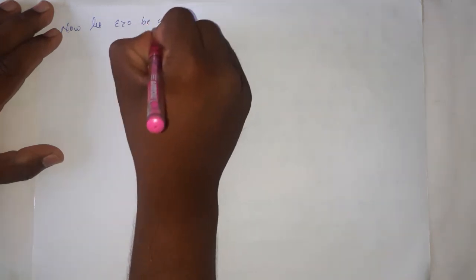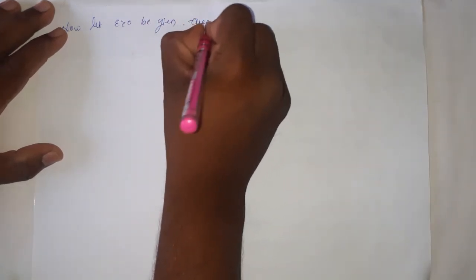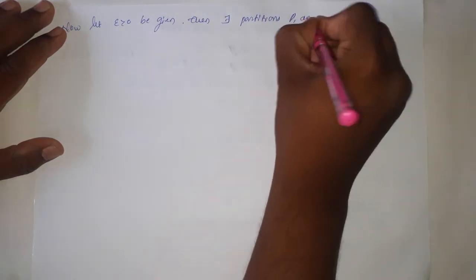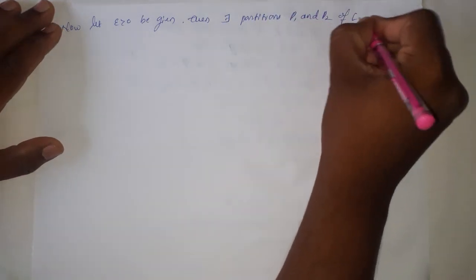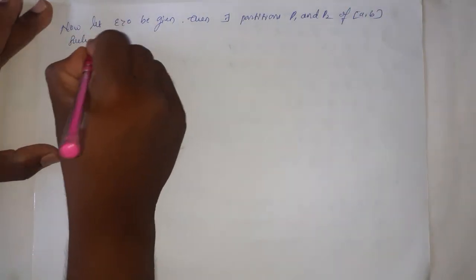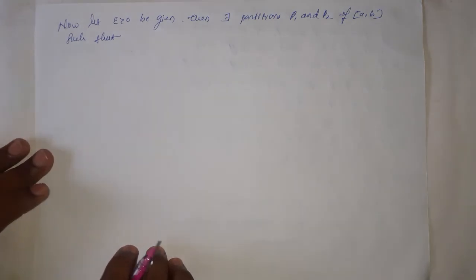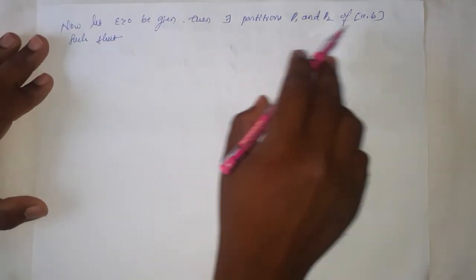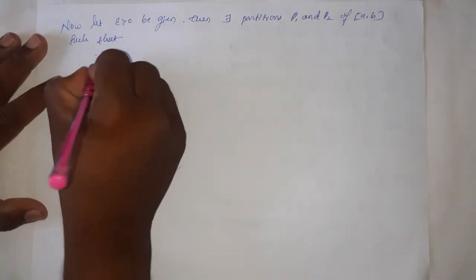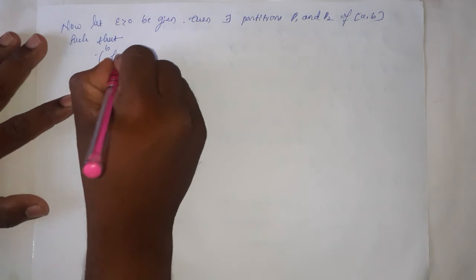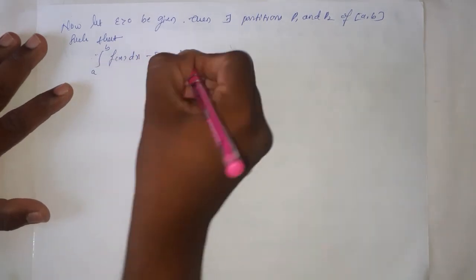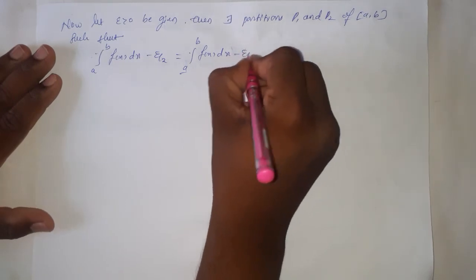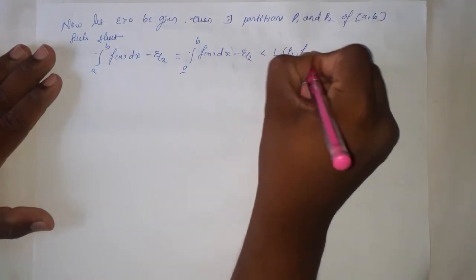Now let epsilon greater than 0 be given, then there exist partitions P1 and P2 of the closed interval [a, b] such that, so here let us consider epsilon greater than 0, then there exist two partitions P1 and P2 of the closed interval [a, b] such that integration over a to b of f of x dx minus epsilon by 2, which is equal to upper integral from a to b of f of x dx minus epsilon by 2, is less than L(P1, f).